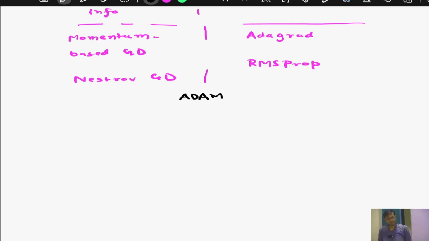It is also working with the historical information. It is also updating the learning rate, and this is the state of the art. There are some improvements over Adam that also exist. For example, AdamW. For example, Yogi is one algorithm that helps. So there are those, but somehow Adam I will say is still the state of the art.